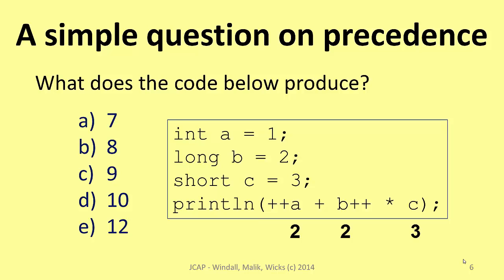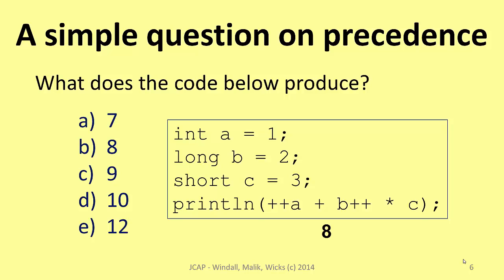The next thing that gets done is multiplication. What is in B, which is 2, is multiplied by whatever is in C, 3. So 2 times 3 is 6. Now we can do addition. 6 plus 2 is 8.